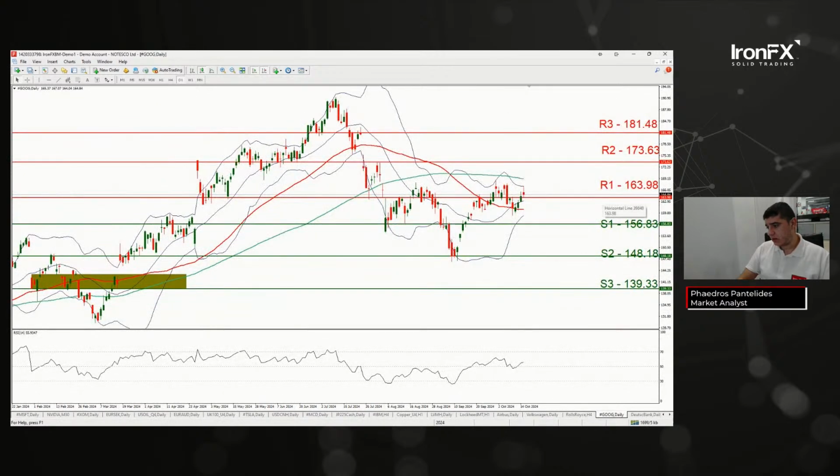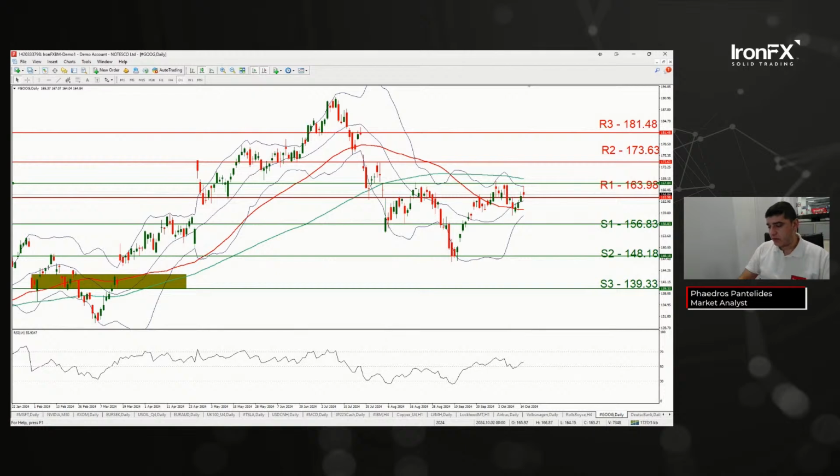Google resting above R1, 163.98. Now, we always say if it breaks above R1, the next target could be R2. But in this case, if I was going to be more confident that this is indeed a bullish outlook, I want to see it clearing this old high at 167.84.